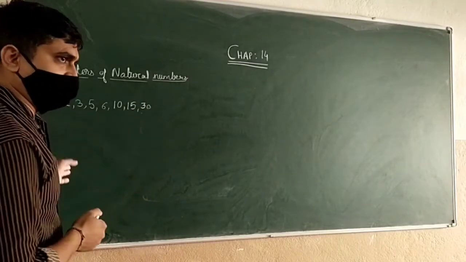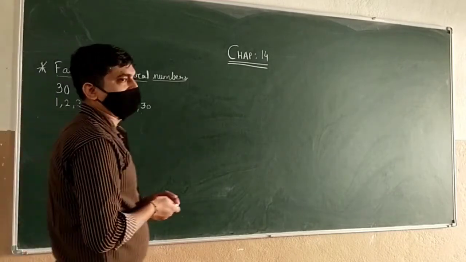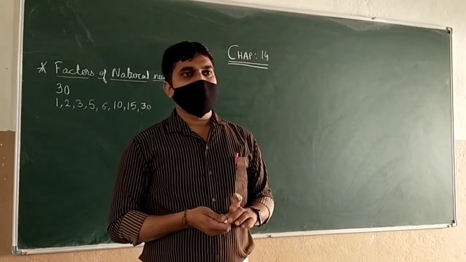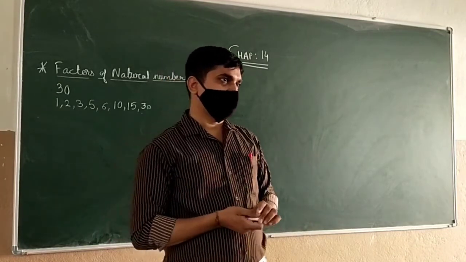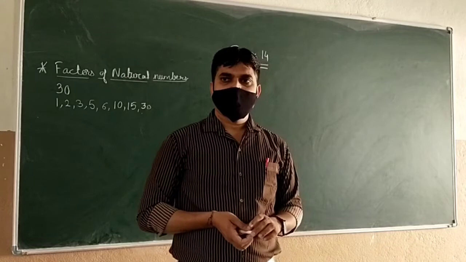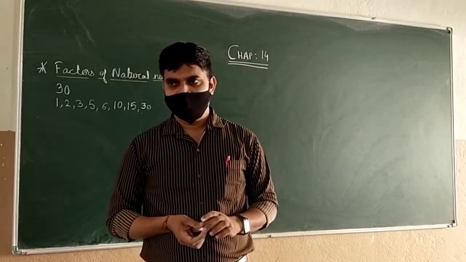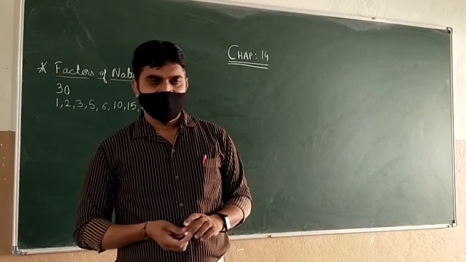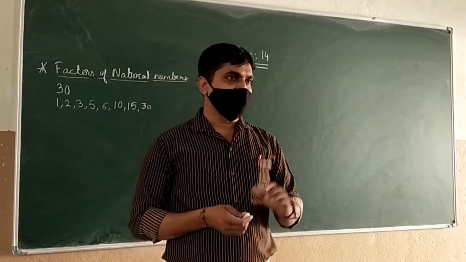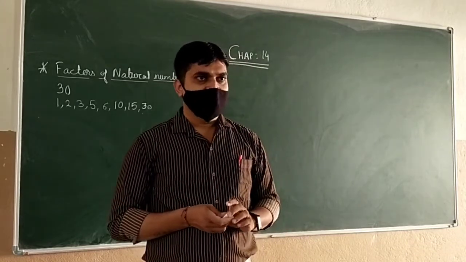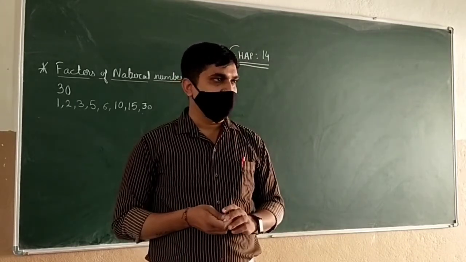Now, after factors, you have studied prime factors in 7th standard. First of all, what are prime numbers? Those numbers coming only in their own table and in one's table are known as prime numbers.